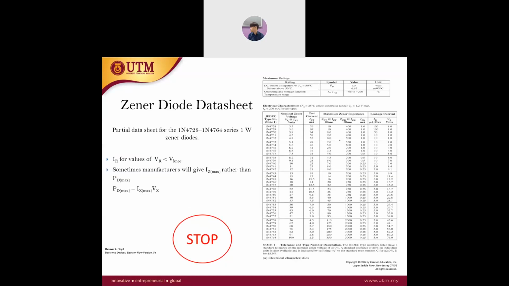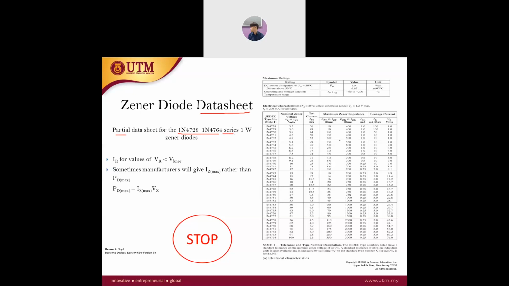For Zener diodes, you must be able to read the data sheet. You can actually Google the data sheet, which has more complete information. This one is just for the sake of the slides, so we don't show all values. A partial data sheet means not the complete data sheet for the 1N4728 to 1N4764 series.